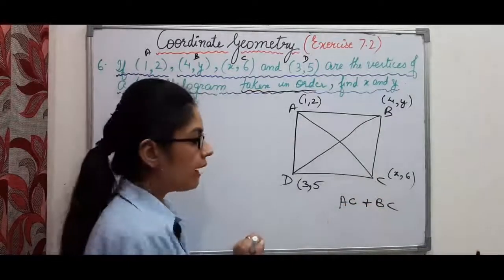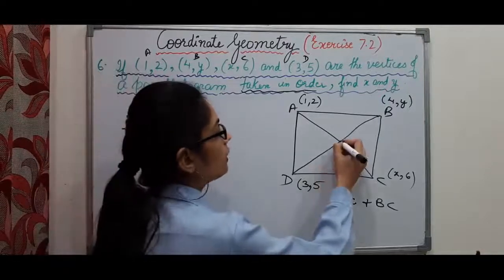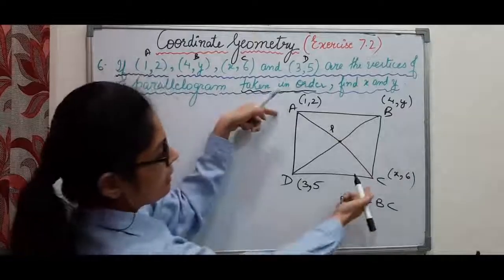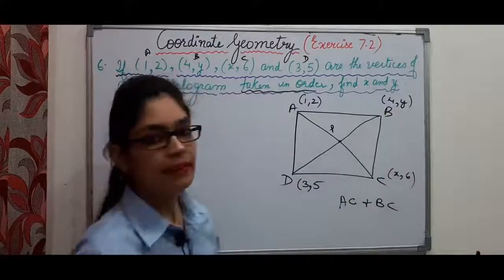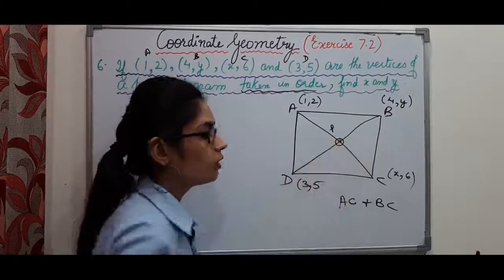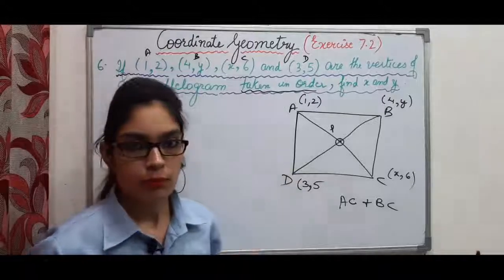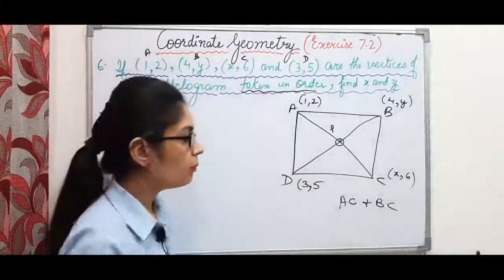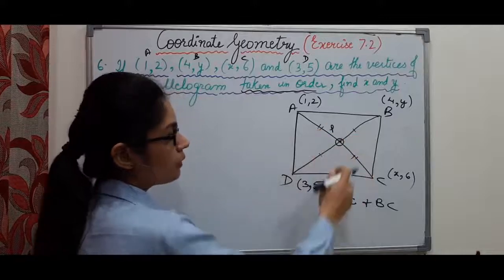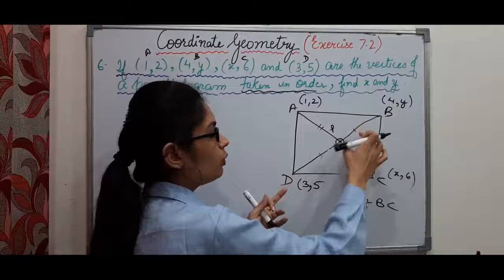They are the diagonals of the parallelogram and they are intersecting at this point P. Now you can see AC and BD have this common point. One property of diagonals you have to remember: the diagonals of a parallelogram bisect each other. Bisect means this point will divide this complete line into two equal parts.